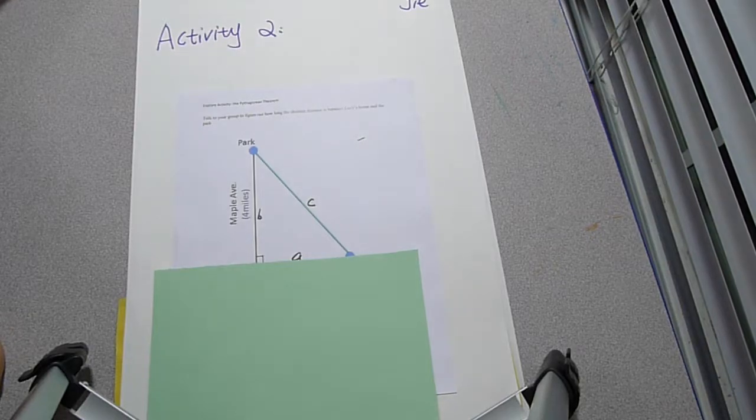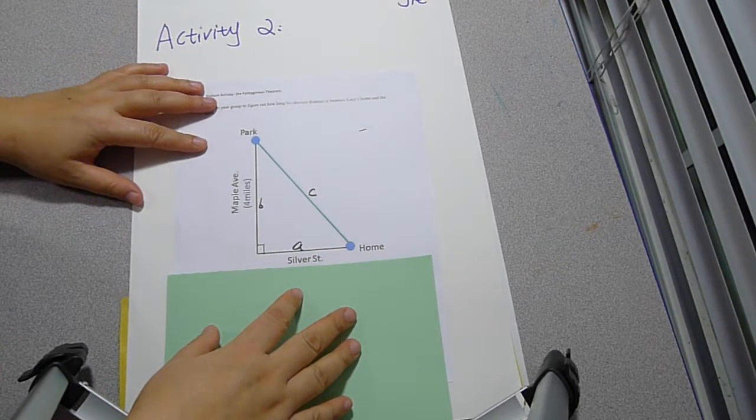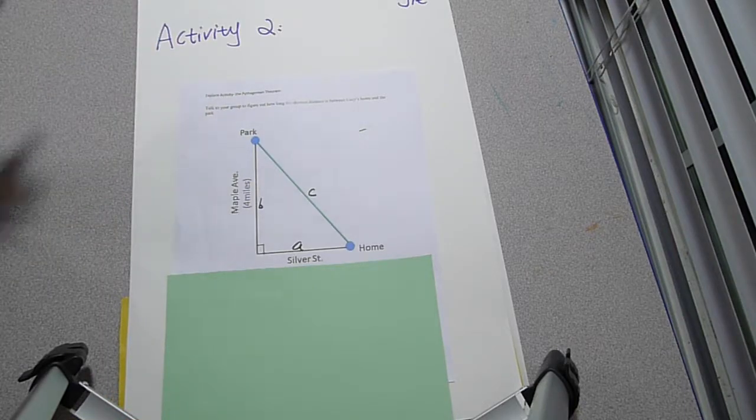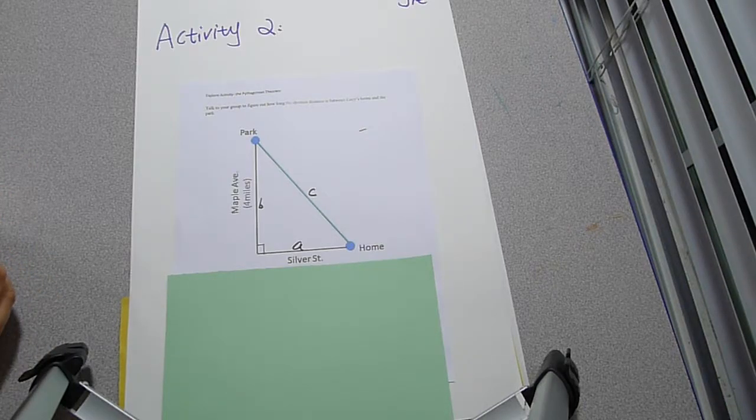So the second activity is, after students figure out the shortest distance between the 2 points is a straight line, I'm going to ask them one more question: whether they can figure out how long the shortest distance is.